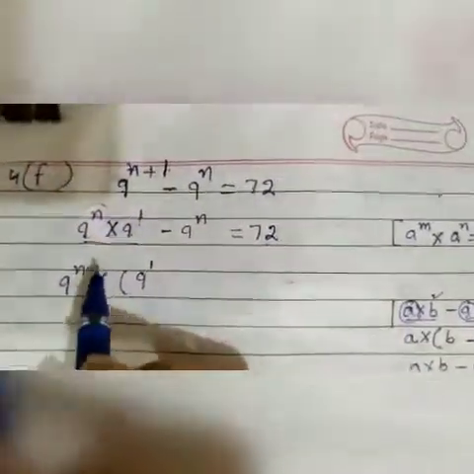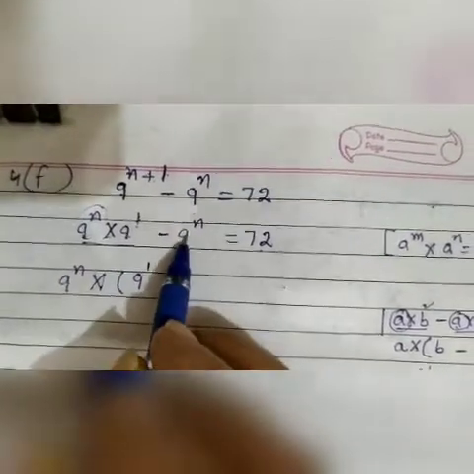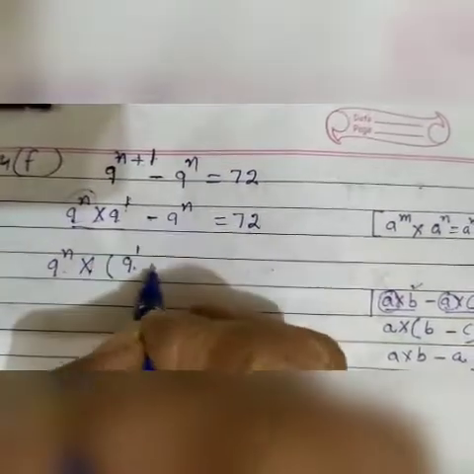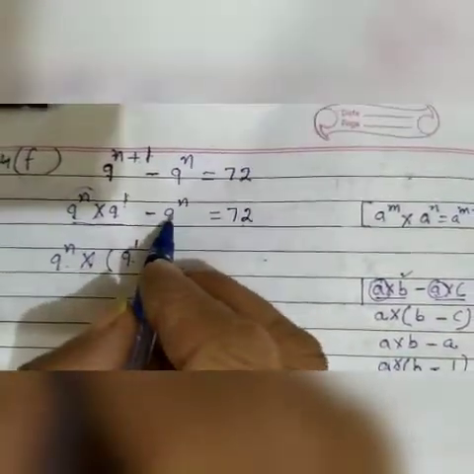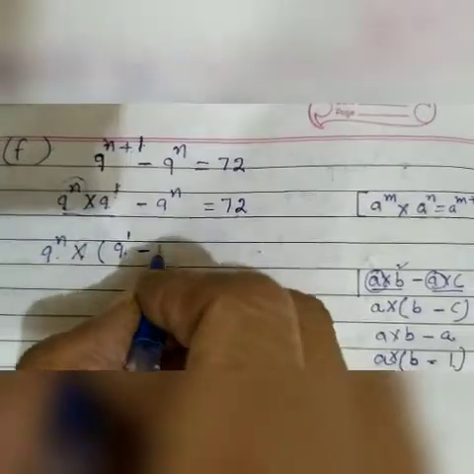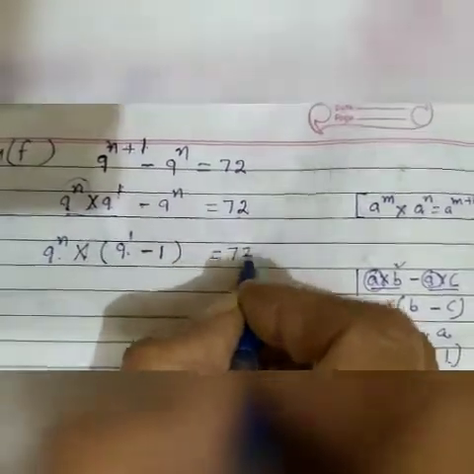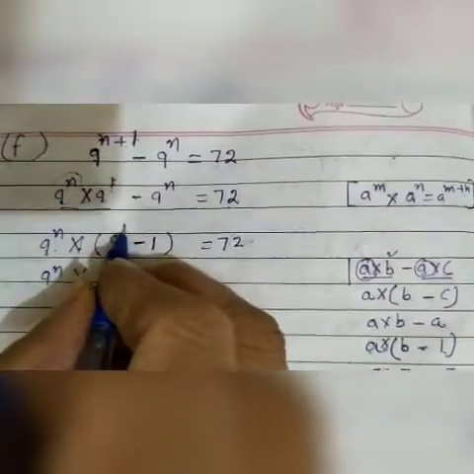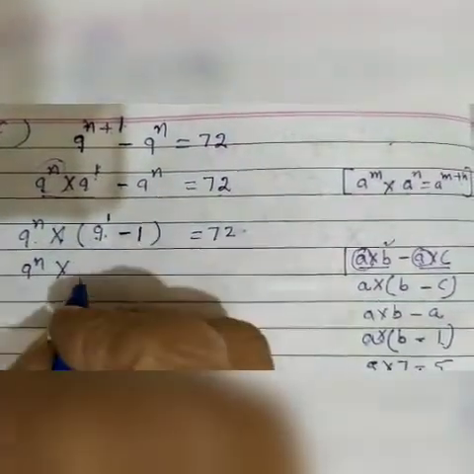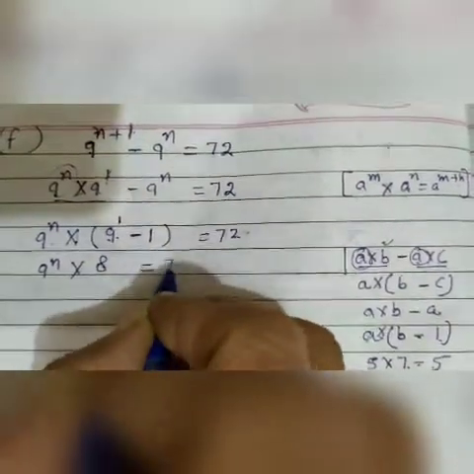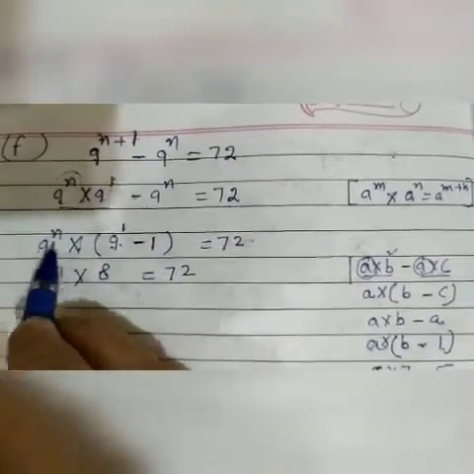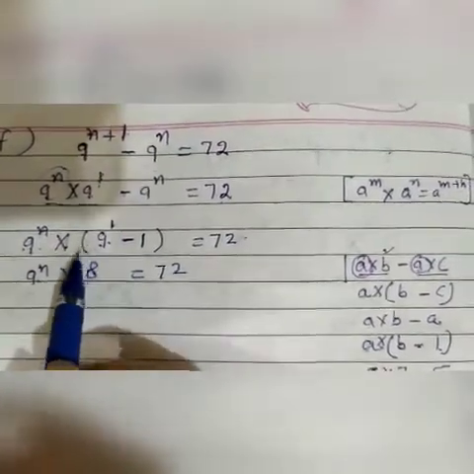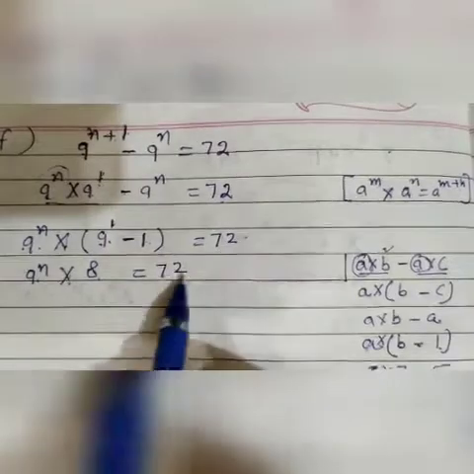In the same way, I have taken 9 power n common, 9 power n is left from here, then this minus. When we divide this 9 power n by this 9 power n, it is 1, equal to 72. 9 power n into 9 power 1 means 9. 9 minus 1 is 8, equal to 72.